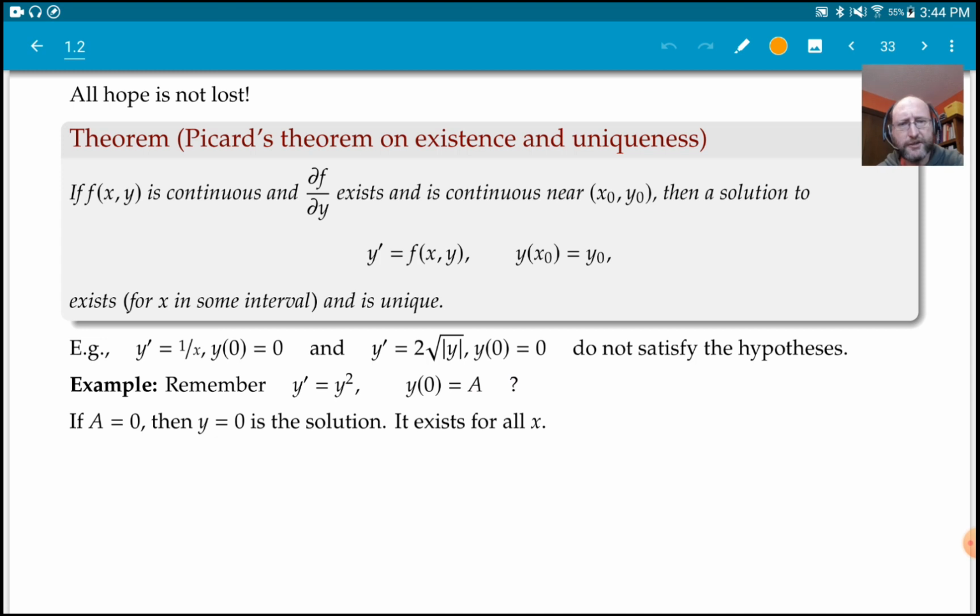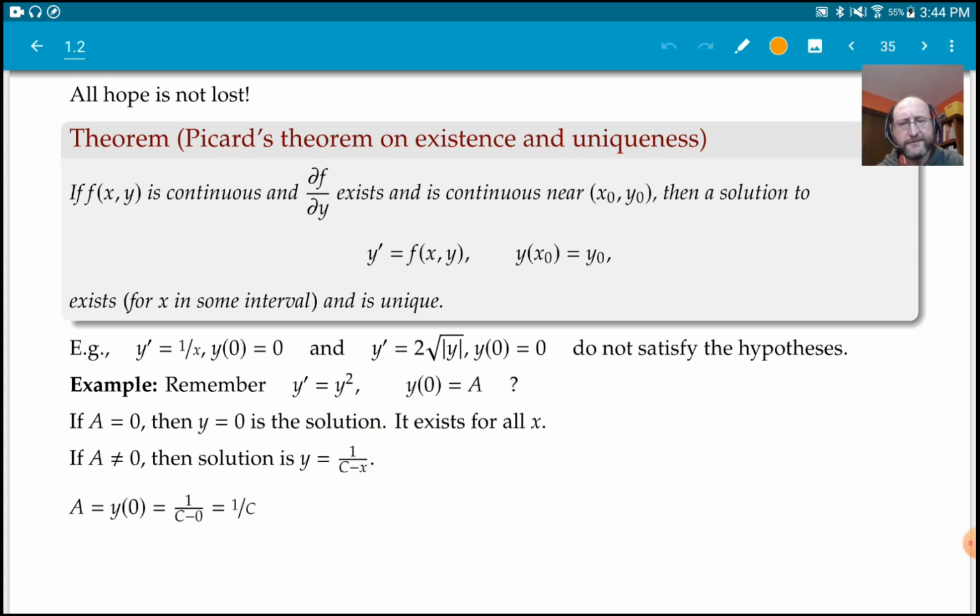Now, if a is 0, if this constant a is 0, then y equals 0 is the solution, and it exists for all x, because no matter what x is, it's 0. There's nothing that blows up. But if a is not 0, then we saw that the solution was of the form 1 over c minus x, where c was some constant, and we pick c so that we satisfy the initial condition.